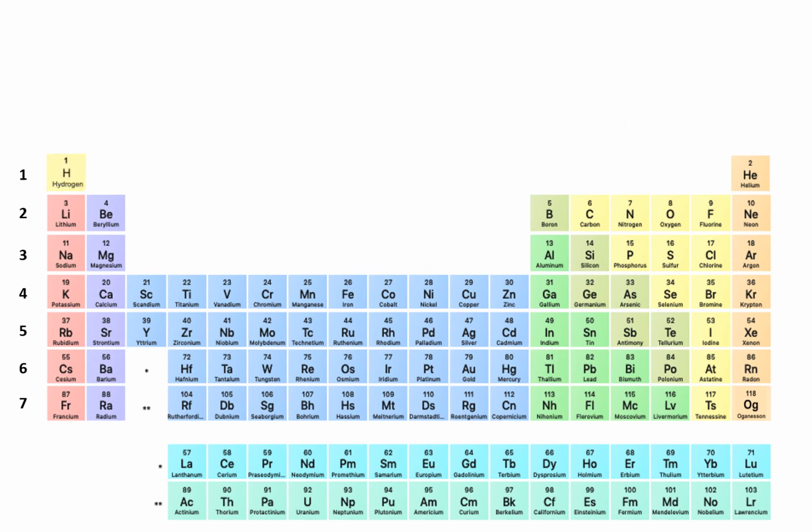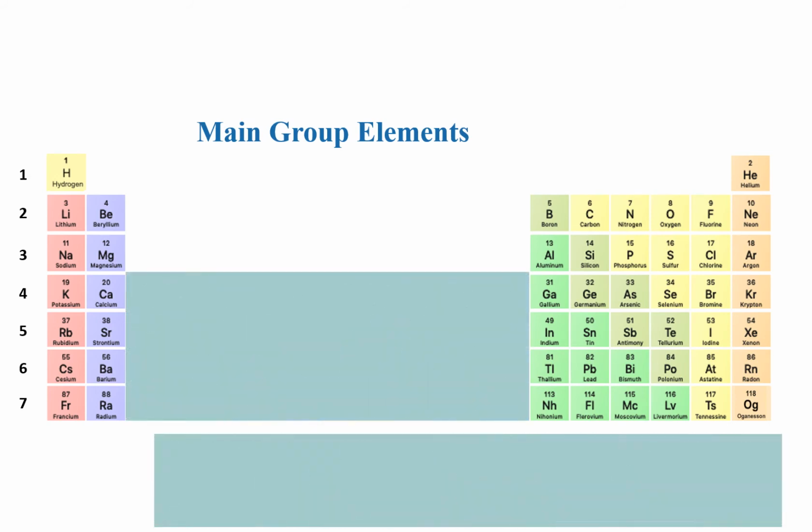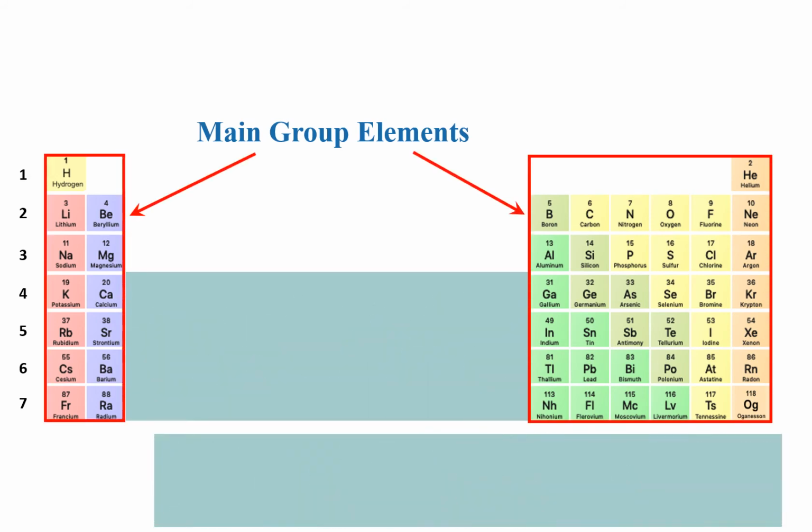How about the other elements? Let's talk about the groups one by one. At this level of chemistry, we will focus on the main group elements. One system of identifying the groups uses Arabic numbers 1 to 18. Another system uses Roman numerals 1 to 8.